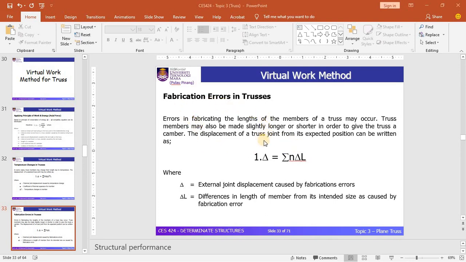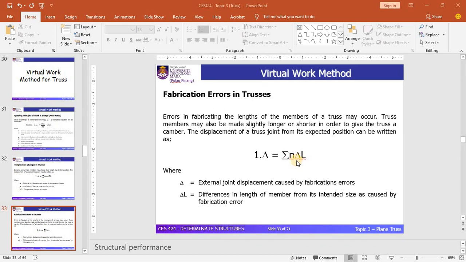The displacement of a truss due to this effect can be calculated using this equation, which is given by the summation of n delta L. Delta L refers to the difference in the length of a member from its intended size as caused by the fabrication error, and the small n, as usual, refers to the axial force in the virtual diagram. Let's discuss in detail all these effects in the example.